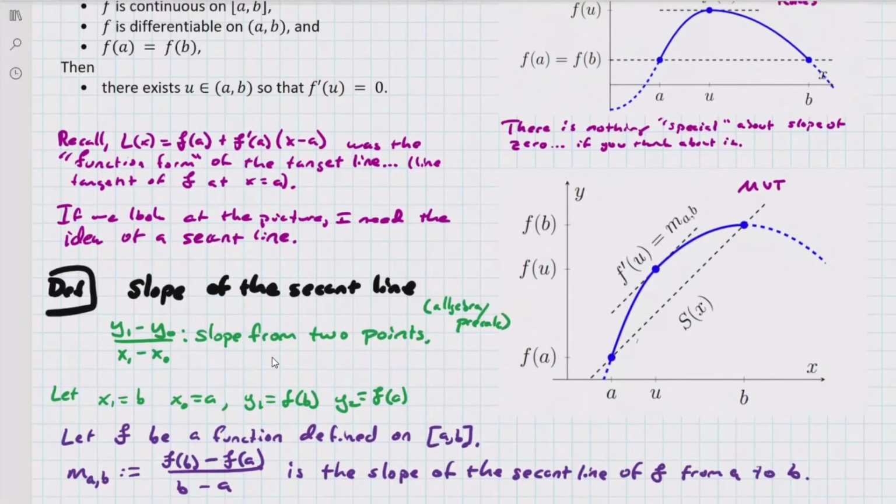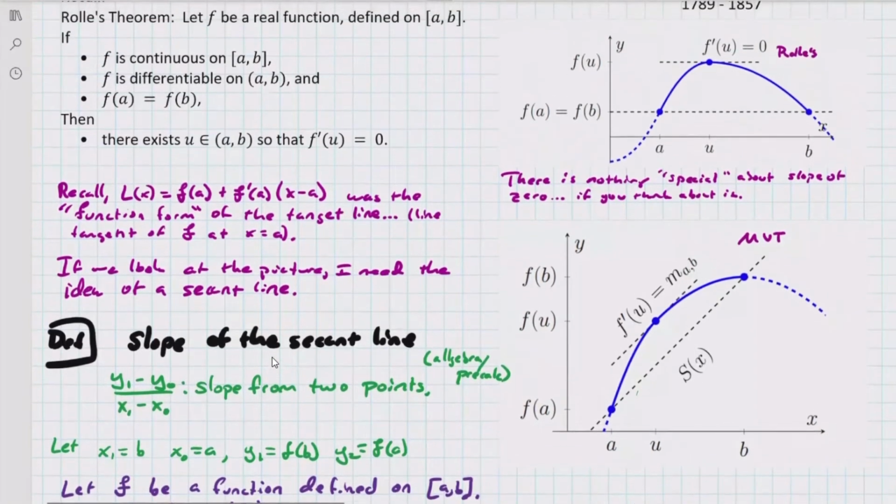If I subtract s of x from this f, I wind up down here at b. Yes or no? 1 to 5, how do we feel about that? If I subtracted the secant line from this f here, I would wind up here. So literally, the difference is the secant line.